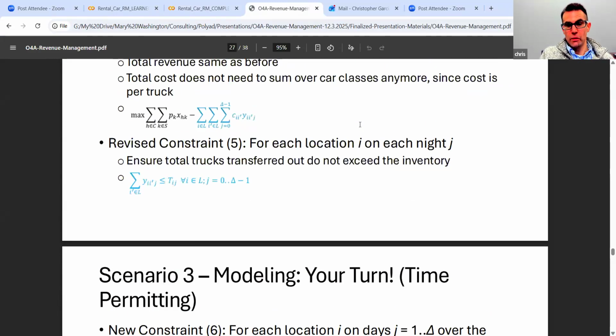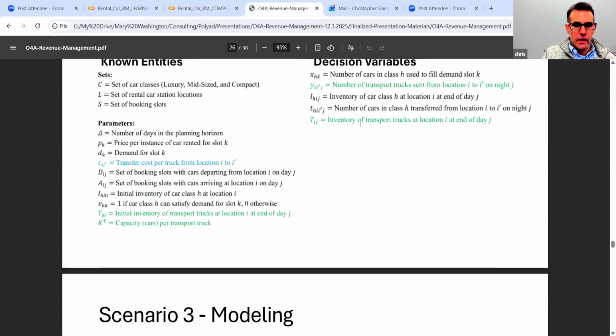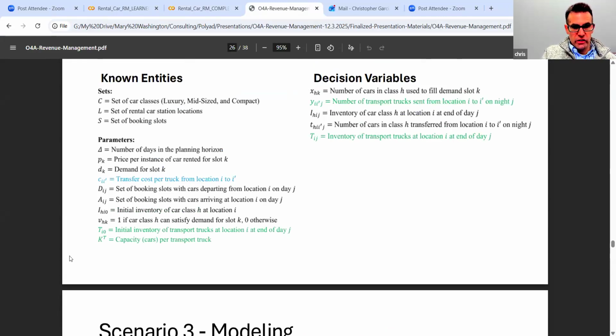In reality, when you're talking about truck transfer where you have a homogeneous fleet, that's really one of the main things that impacts this. The way we're modeling cost here is the transfer cost per truck from location i to location i prime.